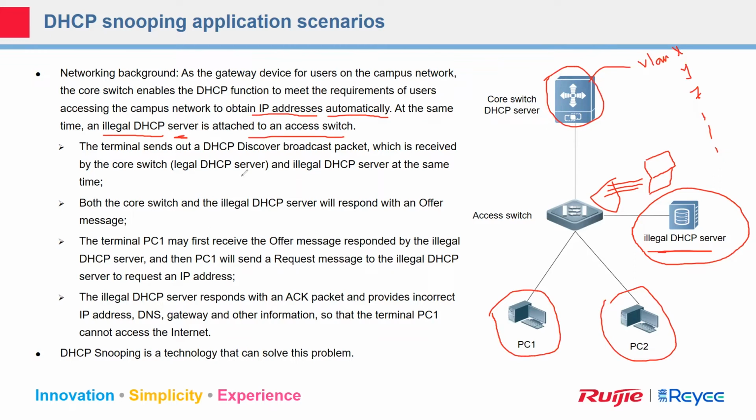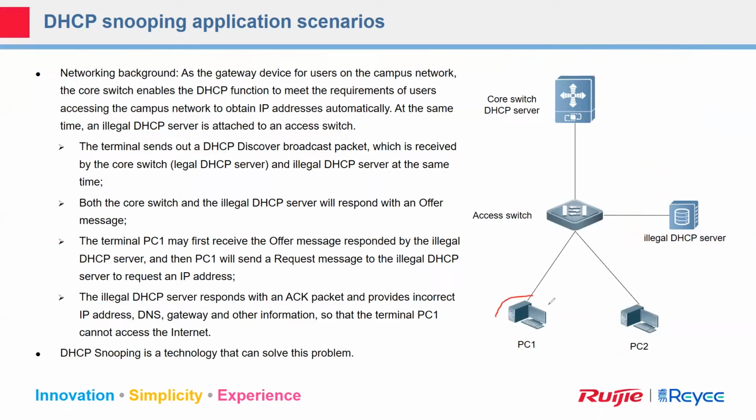So the terminal sends out a DHCP discover broadcast packet, which is received by the core switch. So at the beginning, you turn on your PC and you send a request to discover the DHCP server. It's like you're saying, hello, can anyone here give me an IP address, please?